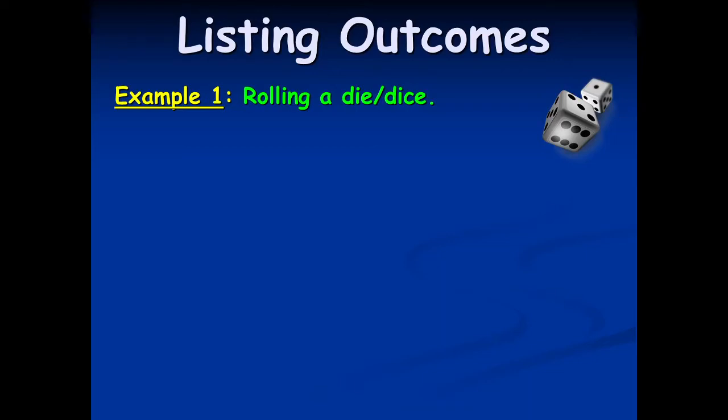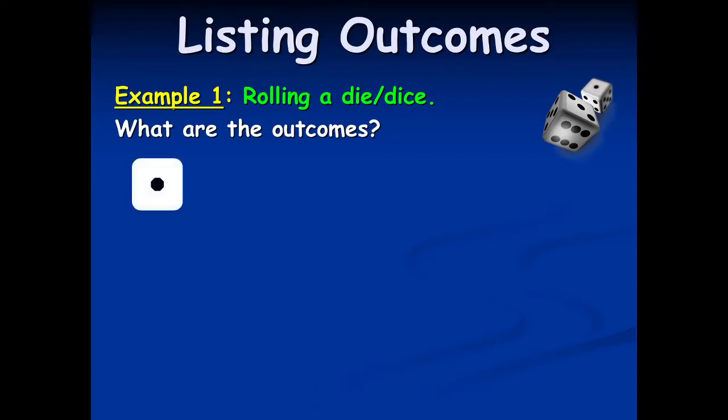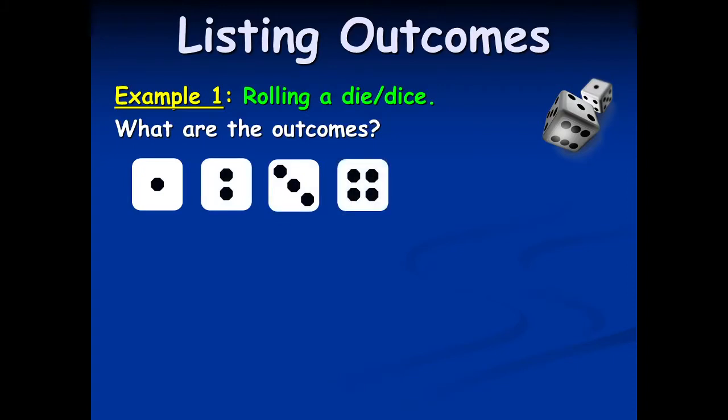Now, what are the outcomes when you roll a dice? Or what are the possible outcomes? Okay, the faces of the dice, you have 1, 2, 3, 4, 5, and 6. Those are the outcomes when you roll a dice.